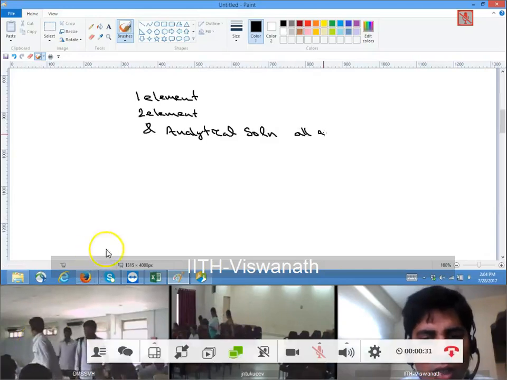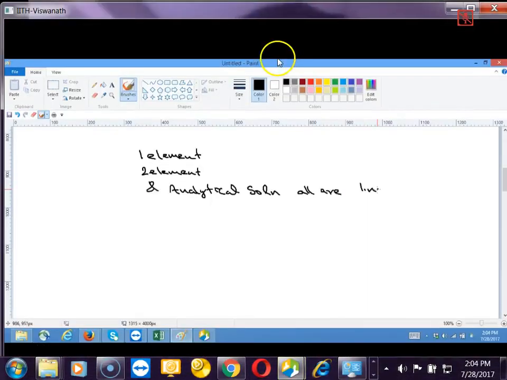All are linear. The solution we got is u equals to, this is what we have got. It's a linear form.